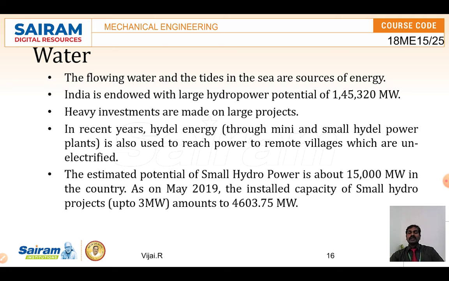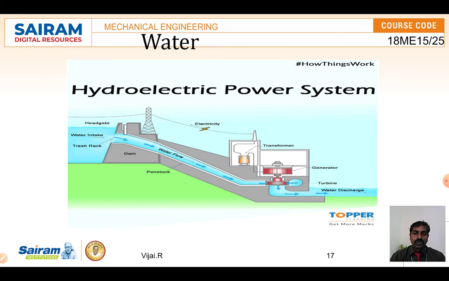This is a heavy investment for making a large project. We can say there are so many power dams, Hydel power, water power dams, which produce more megawatt capacity. And for the entire country, we supply the electricity which is produced through this.